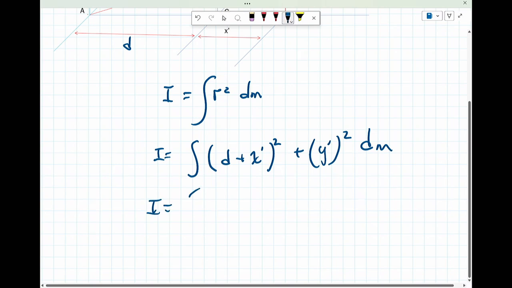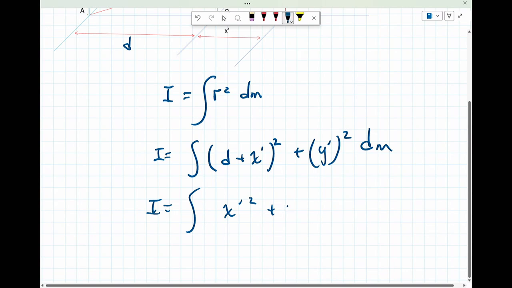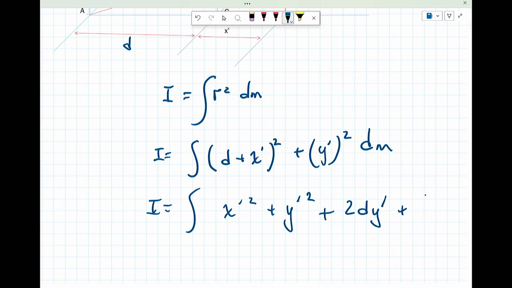And I is equal to the integral of x prime squared plus y prime squared plus 2d x prime plus d squared dm. So I'm just taking all of the terms that I have, combining them, and I end up with that expression right here, which is kind of neat.